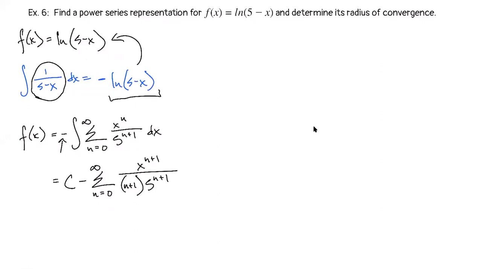Now, this is sort of a general solution, right? Because we just have a random c. But if you wanted to find a particular solution, you can plug in any value of x, and that will give you a value for c.